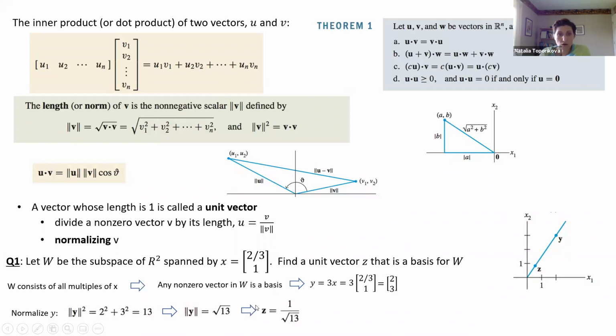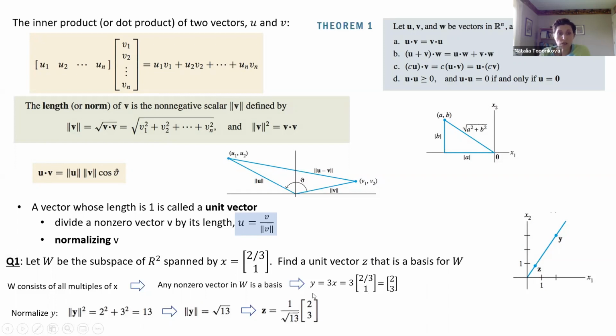Okay, so now if we want to get the unit basis vector z, we need to multiply our original vector y by a scaling factor, which is the inverse of its length, which happens to be the square root of 13. So we multiply our vector y by the scaling constant 1 over the square root of 13.